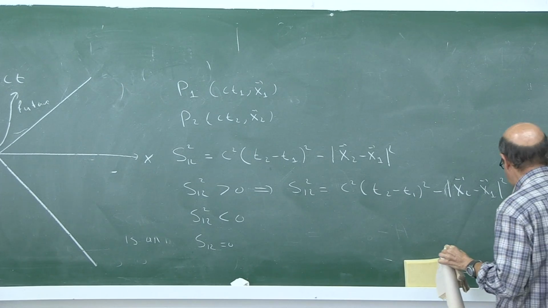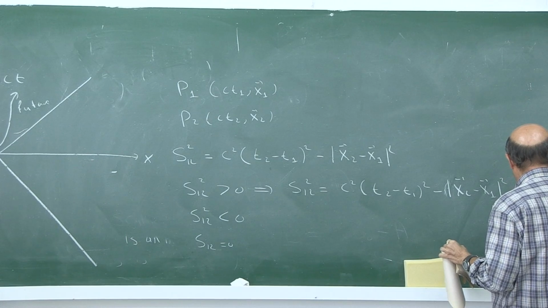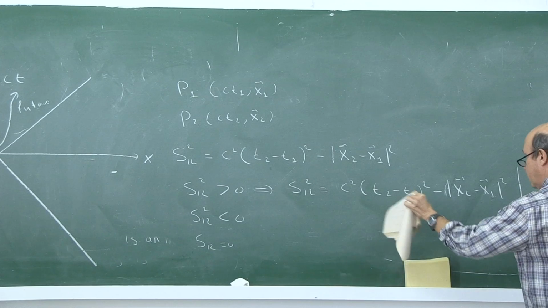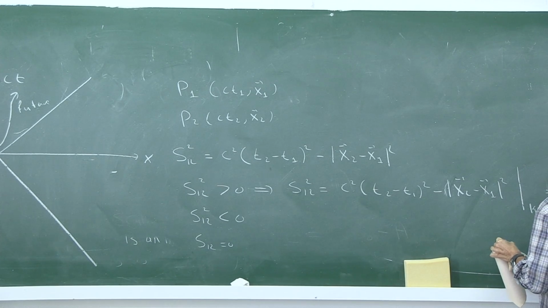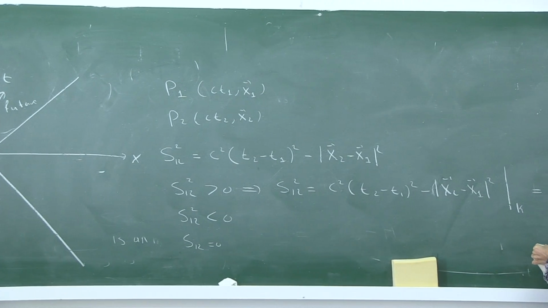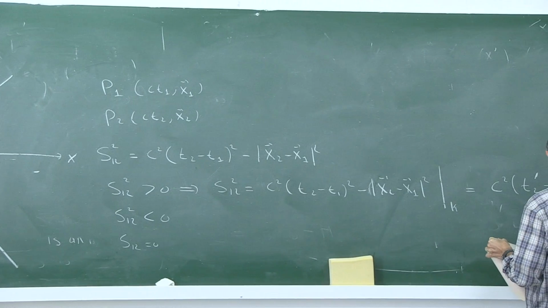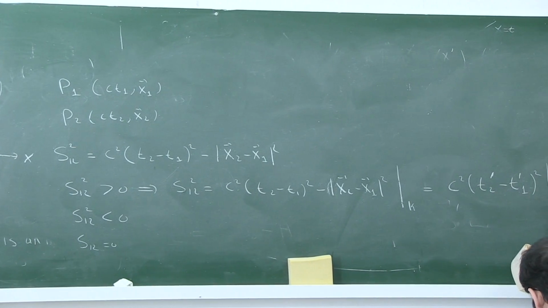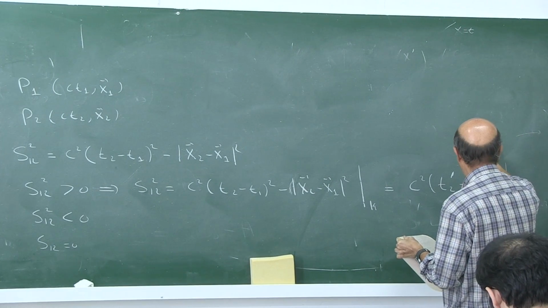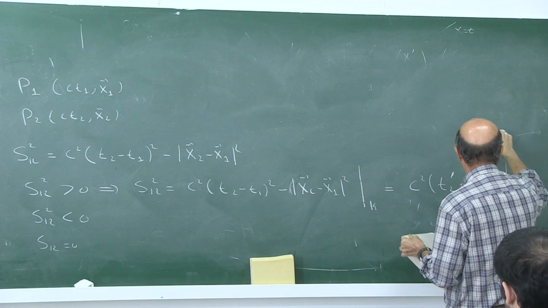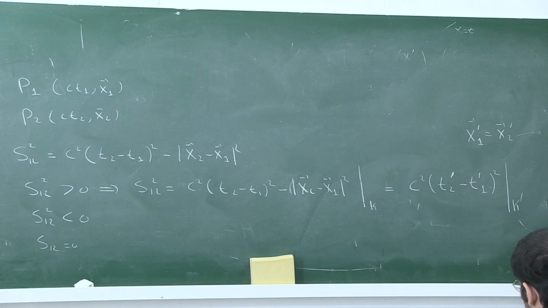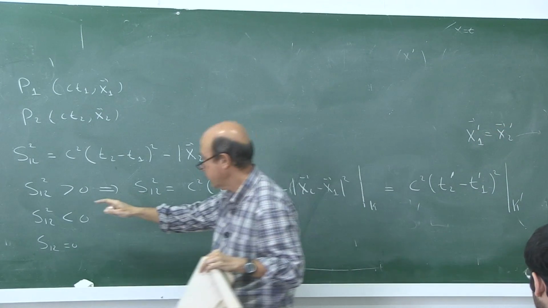So you can find, let's say this is observed in K coordinates, but you can find a coordinate system such that this number is the same, the events occur at completely different times, but at the same location in space, because this length has to be greater than 0.